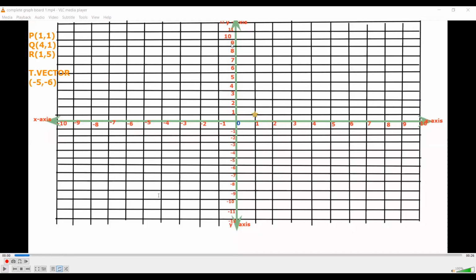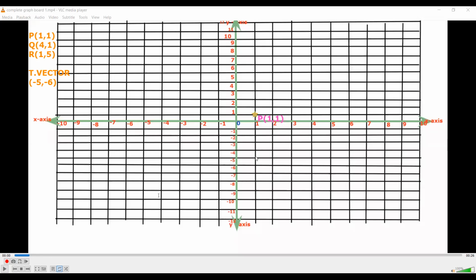Then let me label the point, point P. That is point P, formed by 1 and 1. Let me extend it. That is point P, 1 and 1.